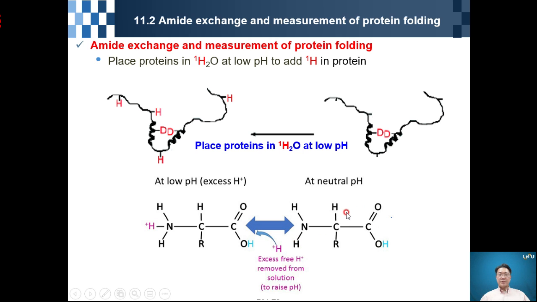When we put this amino acid at low pH, the solution has excess protons, H plus, so the excess H plus can be easily added to the amino acid like this. So when we place the protein in H2O at low pH, H can be added to the proteins like this. This is the third step.